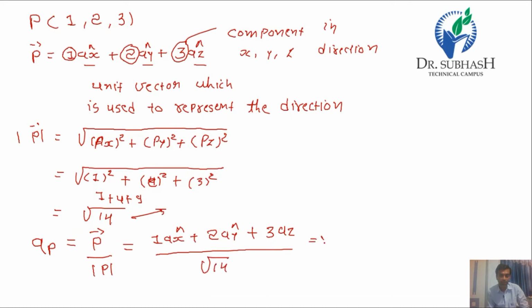If we elaborate it, then it can be rewritten as 1 upon root 14 in the x direction plus 2 upon root 14 in the y direction plus 3 upon root 14 in the z direction.